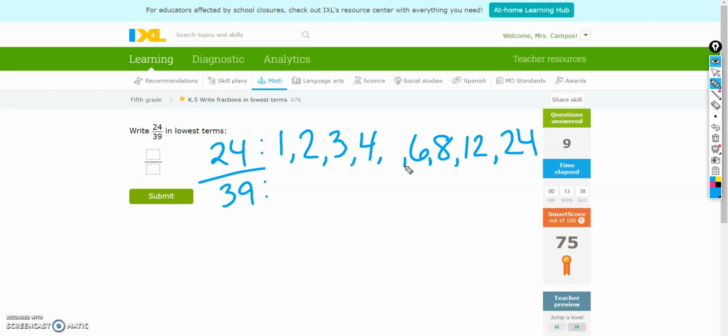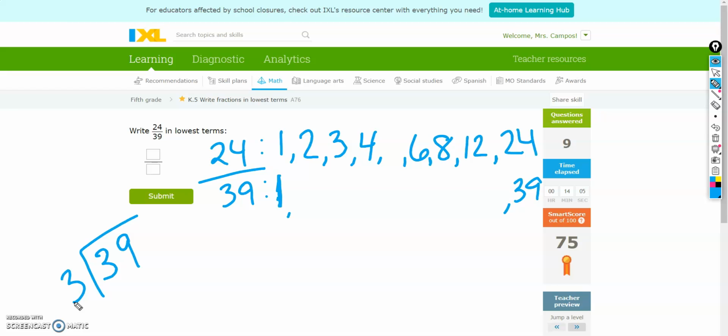For 39, you're going to do 1 and 39. 2 doesn't work because it's not even. Now for 3, most of you only know to 3 times 12, which is 36, so you can divide it to double check yourself for numbers past the 12.